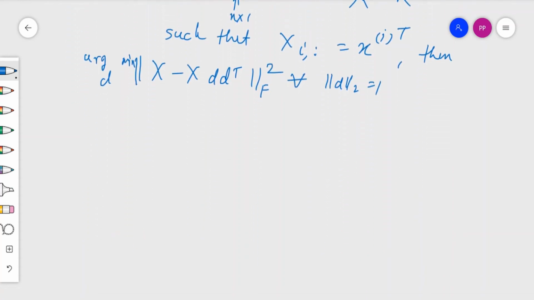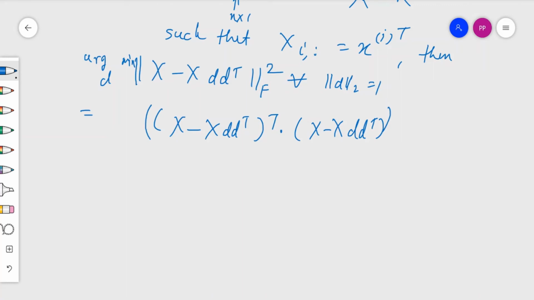So this is equal to, let us take the advantage of expressing it as the product of matrix transpose and the matrix itself, and from here we have the trace, because this is the standard formula, we have gone through it earlier.